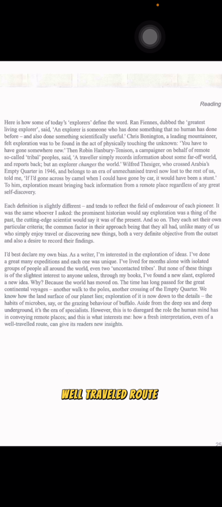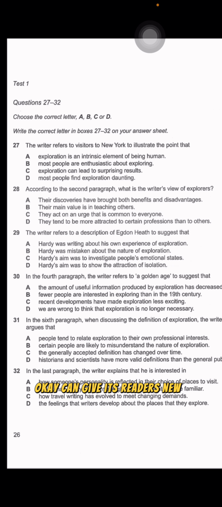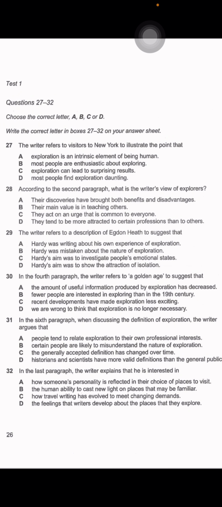A well traveled route, which is a familiar place, can give its readers new insights. So cast new light on places that may be familiar. So the answer to 32 is B.